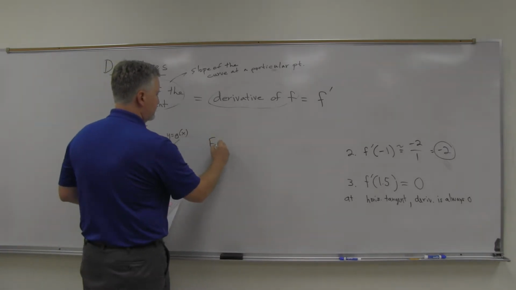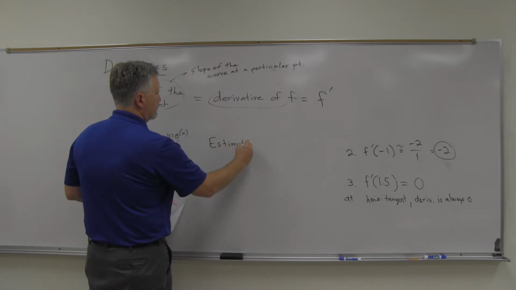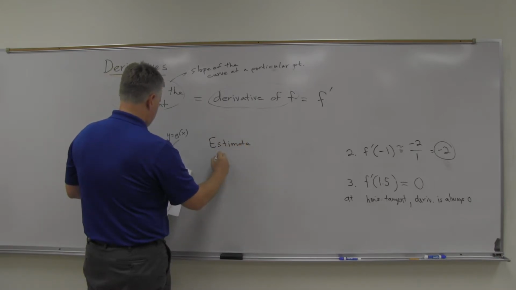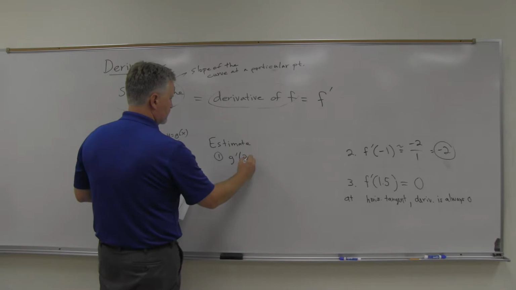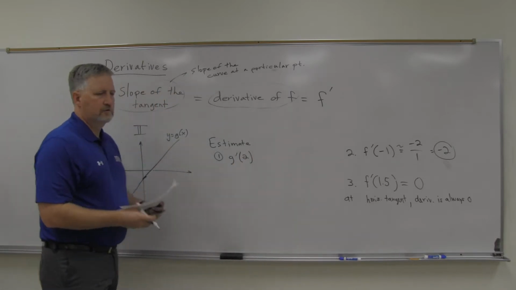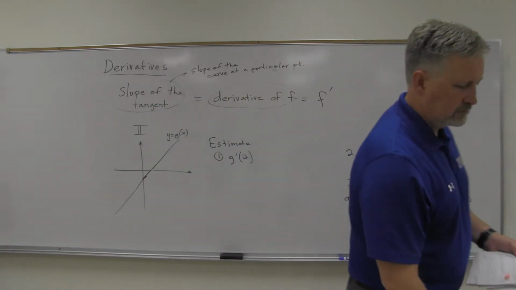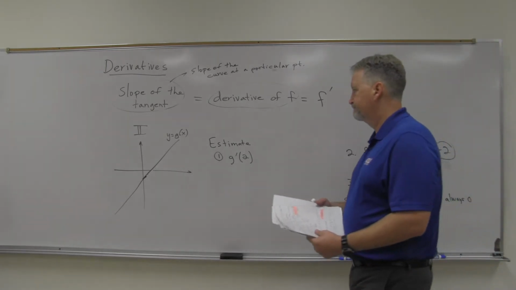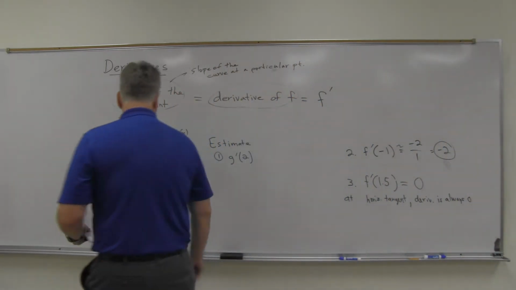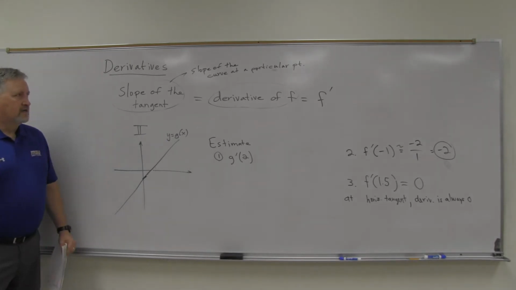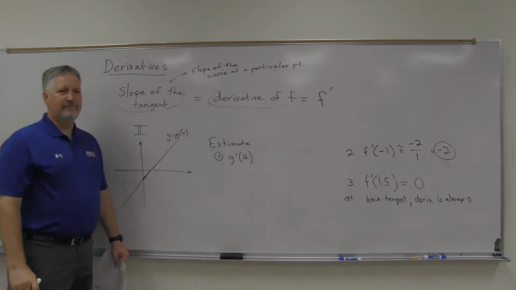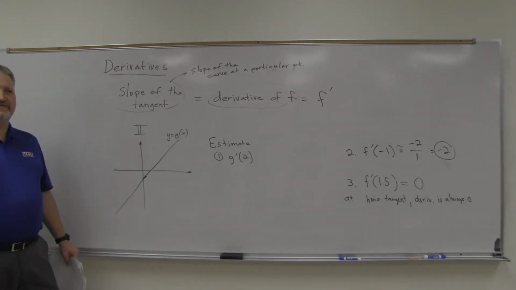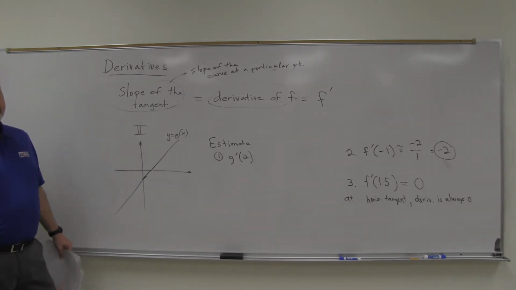If I want to estimate on number 1 here, G prime of 2. Well, now we've got a derivative of G prime. It means the same thing. It means the slope of the tangent line at 2.